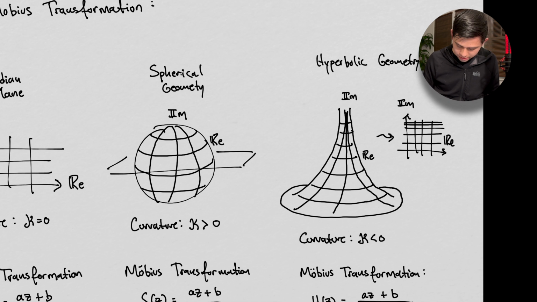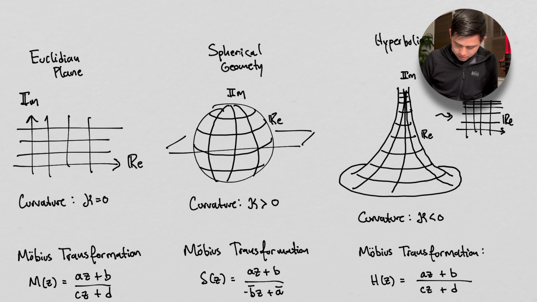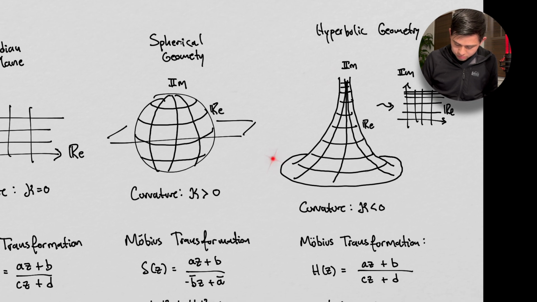When we get to higher and higher echelons of the hyperbolic geometry, these become skinnier up here. But anyways, this was the Beltrami-Poincare half-plane.